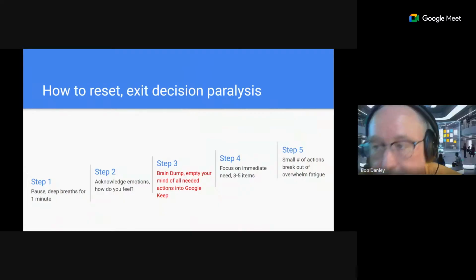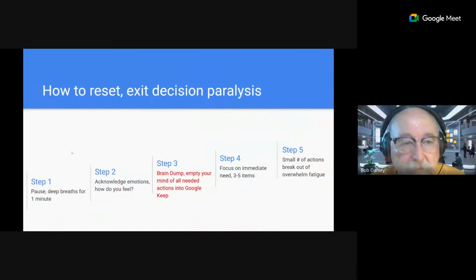You want to get rid of that. This is the important part: you're going to use Google Keep and most likely your smartphone to dump all those actions that are locked up in your head into Google Keep. Use the speech input. It makes it really fast. And once you're done, you're going to focus on the immediate need. You're going to select 3 to 5 items, and you have an opportunity to do those to help you break out of this mental paralysis.